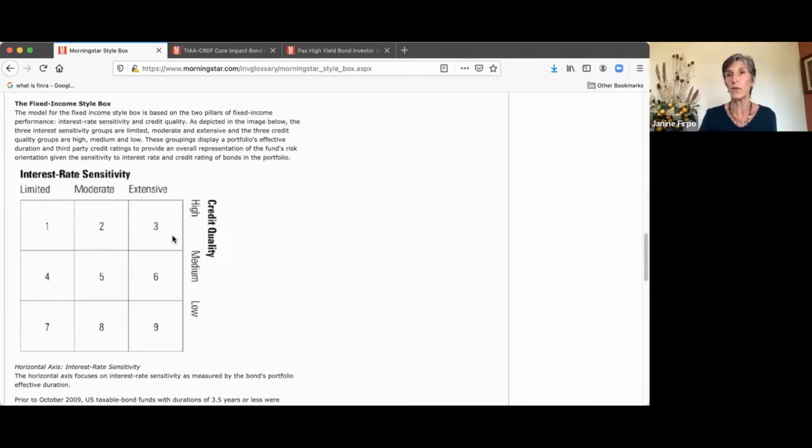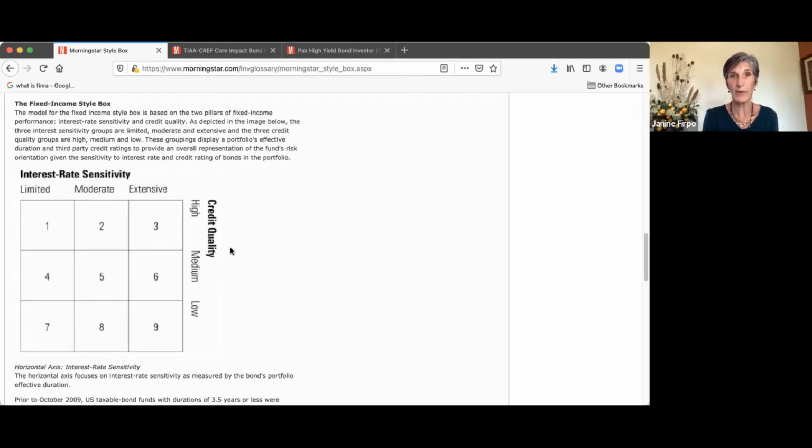It's going to determine whether other people are more likely to want to buy your bond or sell your bond. And so we talk about that more in the book. We won't go into it in more detail here. Just know here that the horizontal line measures the interest rate sensitivity and is a signal of how long the maturity or the duration of the bond is.